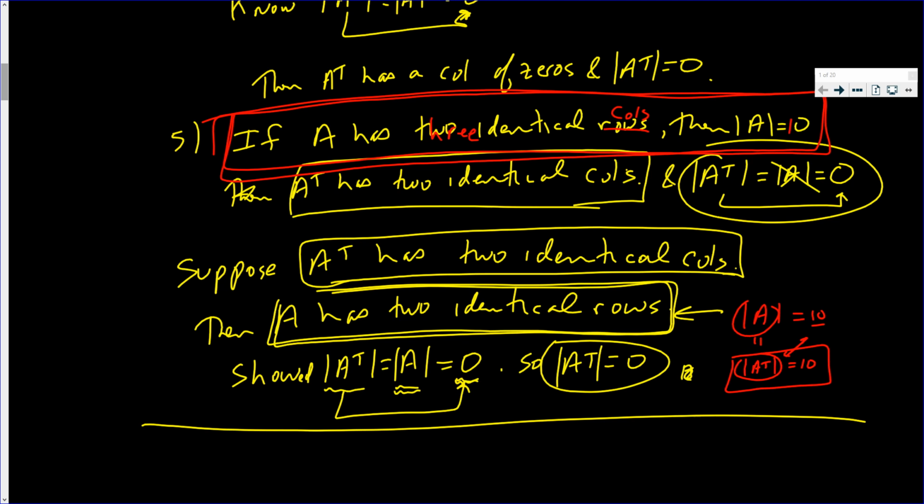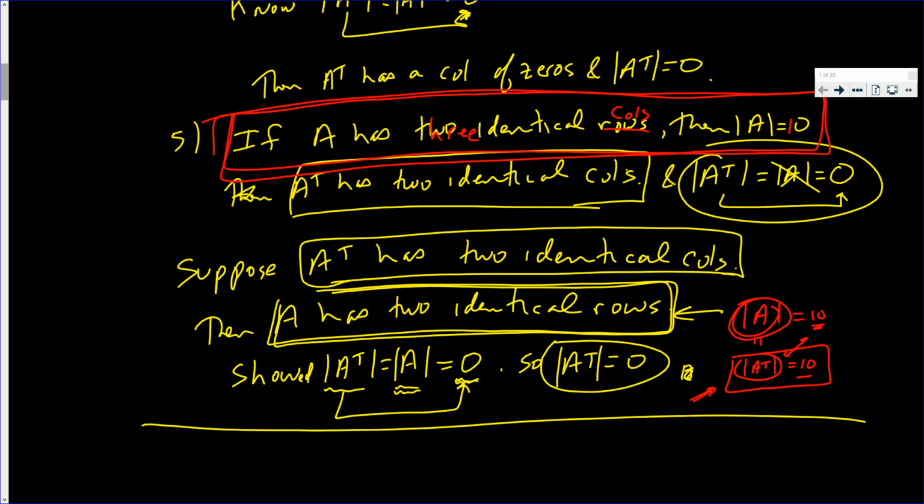But why is it 10? That's because it has 3 identical columns. If A had 3 identical rows and that made it equal 10, then A transpose will have 3 identical columns, and its determinant will also equal 10.